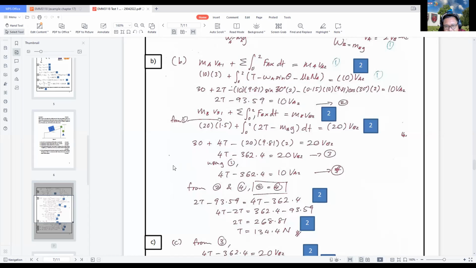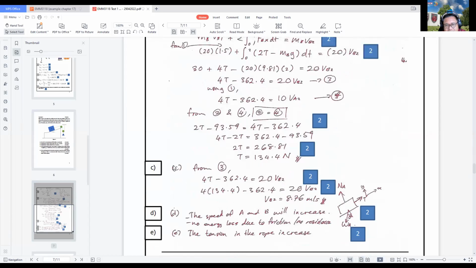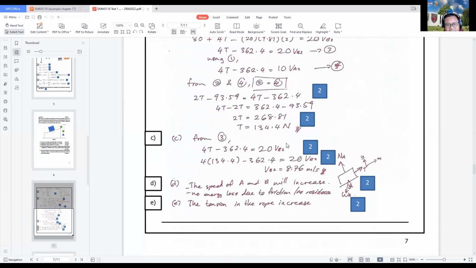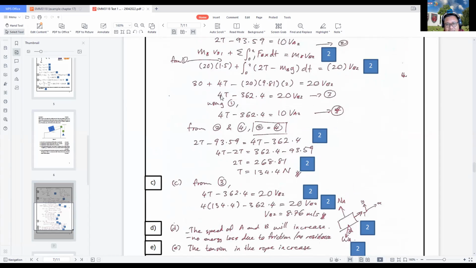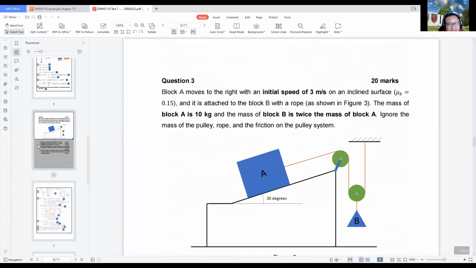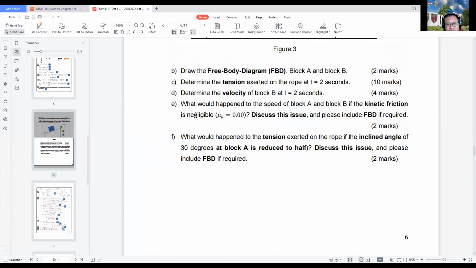After you solve this part, therefore you can calculate and get the value of T, which is equal to 134.4 Newton. And then from equation number 3 here, you can calculate the vB, which is equal to 8.76 meters per second. And in this problem, it asks what will happen to block A and block B if no friction.